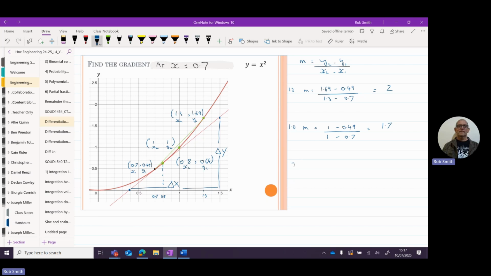So 0.8, the gradient is going to equal y2, which is 0.64, take away 0.49, because that point hasn't changed where we want the gradient to be, divided by 0.8, take away 0.7. Let's put that in our calculator and see what we get.